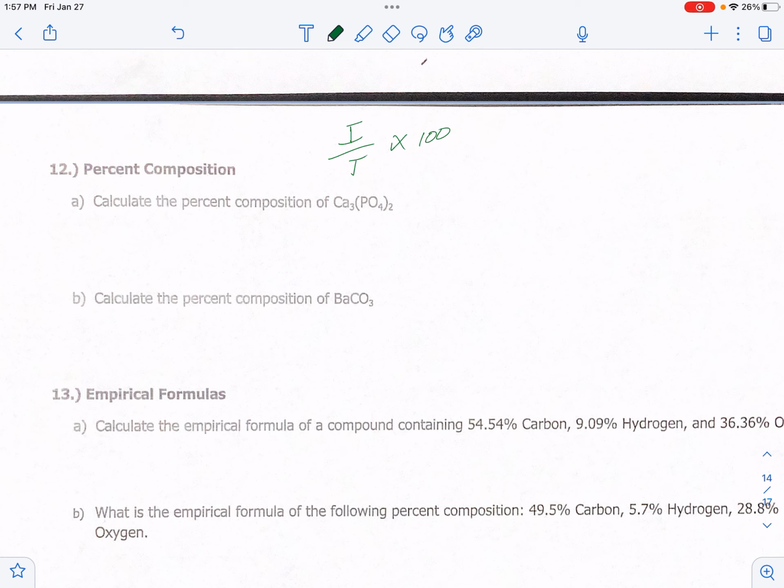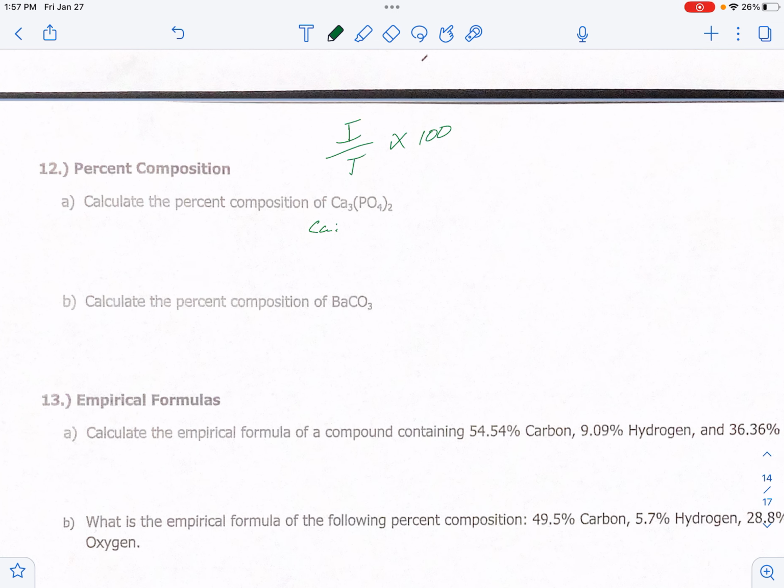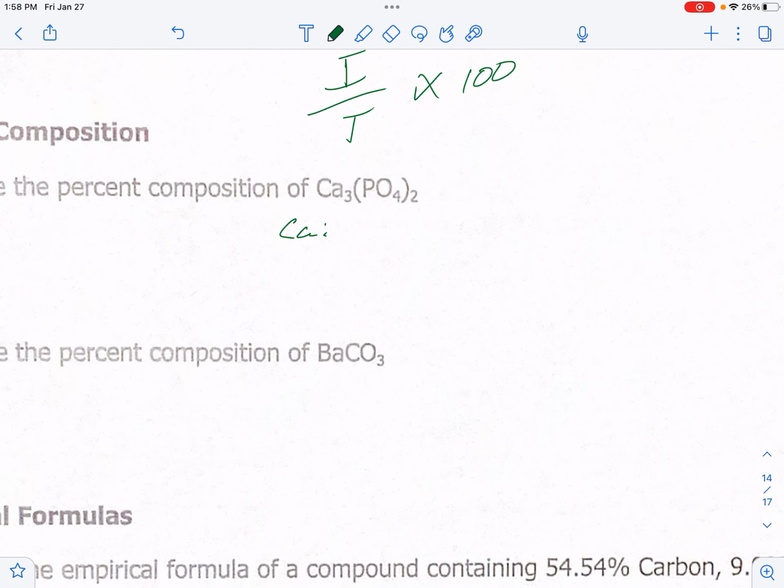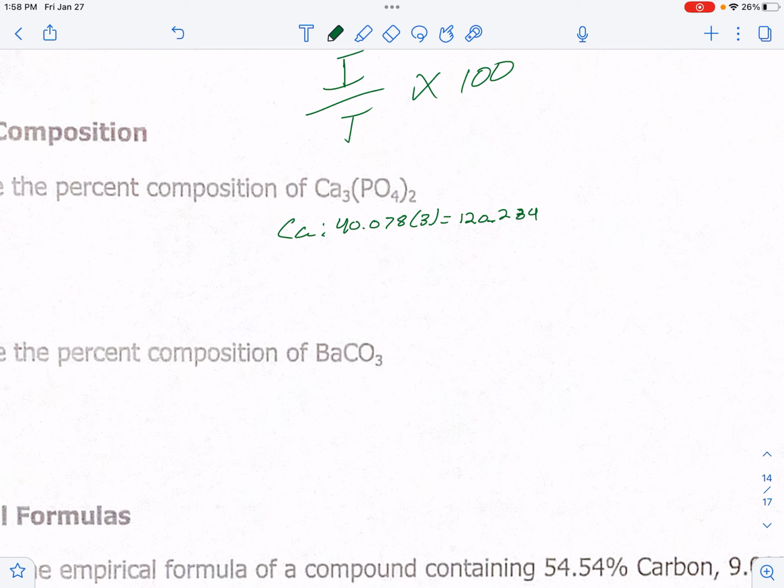So what you need to do is figure out what your individual masses are and what your total is. Okay, so if I did calcium, calcium normally has a mass of 40.078, but there are 3 of them. That comes out to 120.234 because you will need all these individuals.